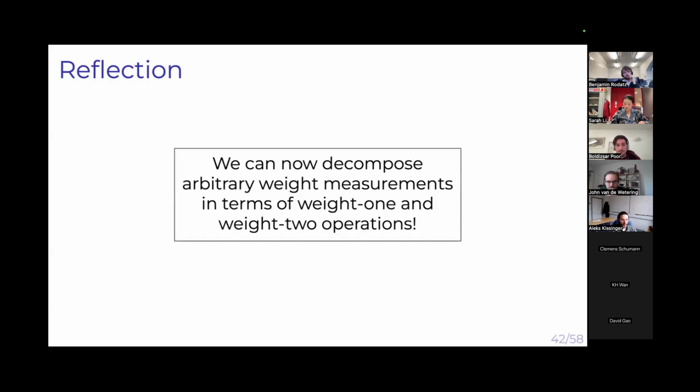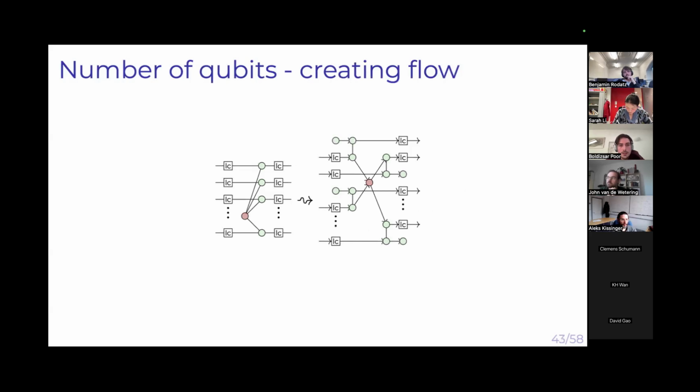So what can we do? We can always decompose arbitrary weight measurements in terms of low weight, so weight 1 and weight 2 operations. But this comes at a cost of some ancilla qubits. So just looking back here, what do we do? For each 2 qubits, so this is this part of the diagram, we introduce a new one.